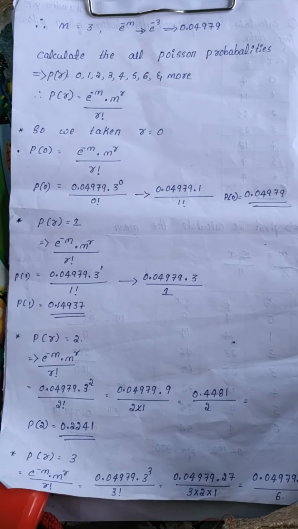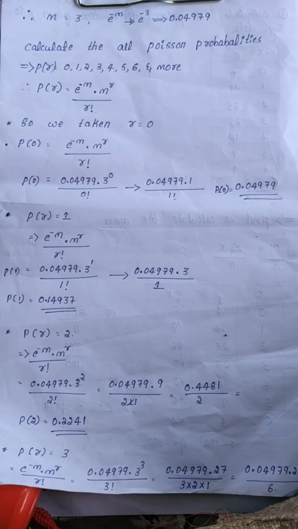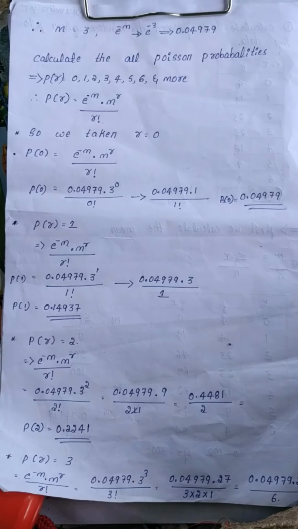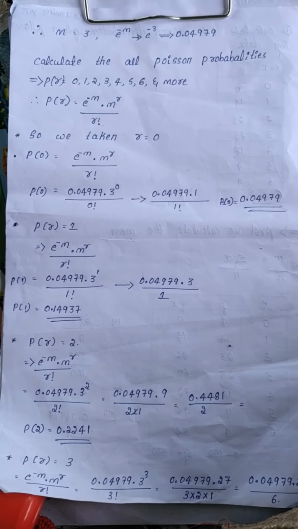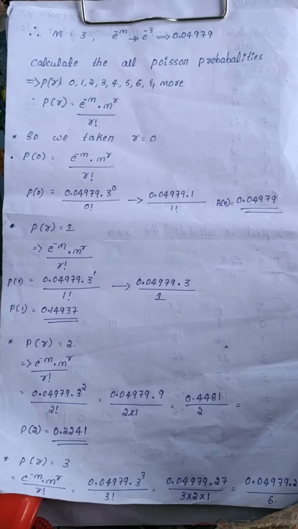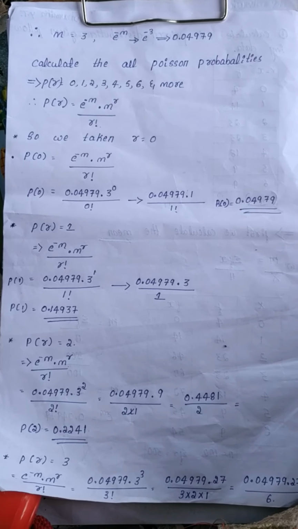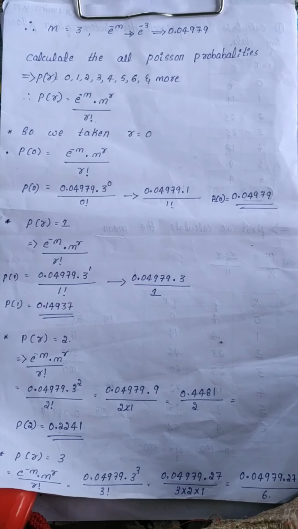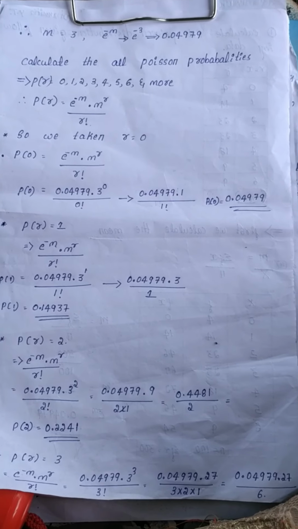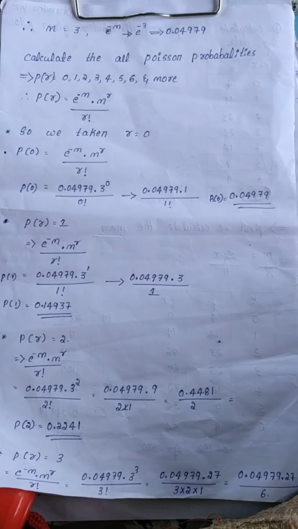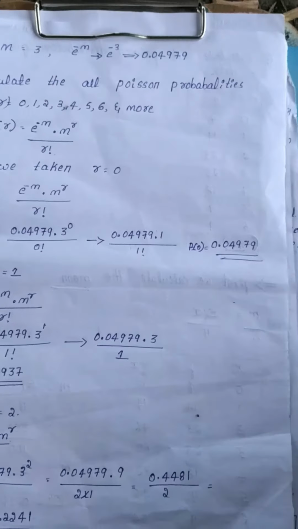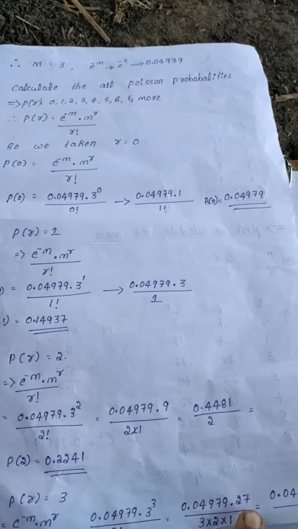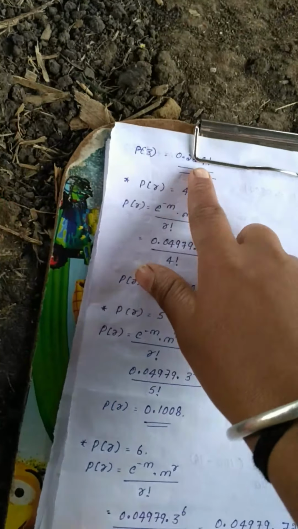If r is 3, e raised to minus m is 0.04979, 3 raised to 3 means 27, divided by 3 factorial, which is 3 into 2 into 1, that is 6. It will be 0.2241.